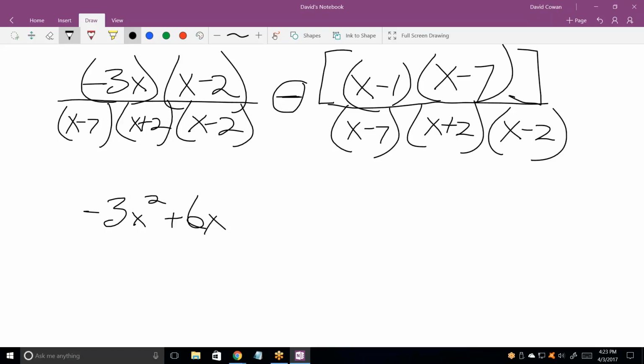Now, I'm going to put the brackets there. Multiply x minus 1 times x minus 7. What do you get? So it would just be negative x squared minus 7, right? Hold on. Don't include the negative sign.